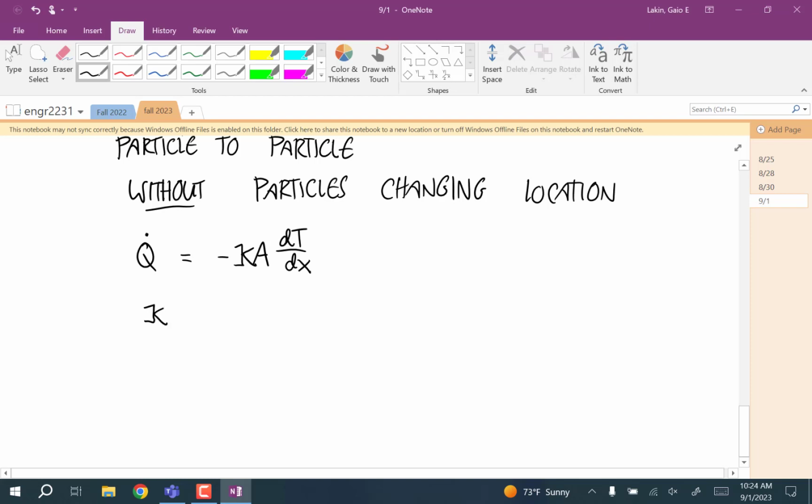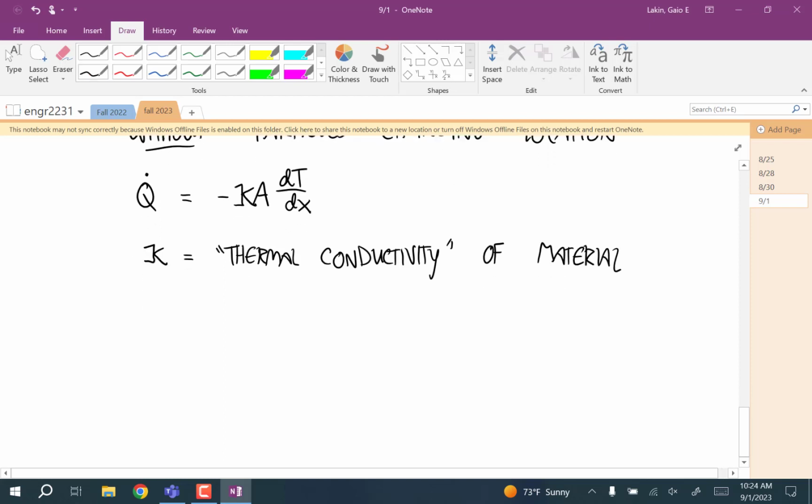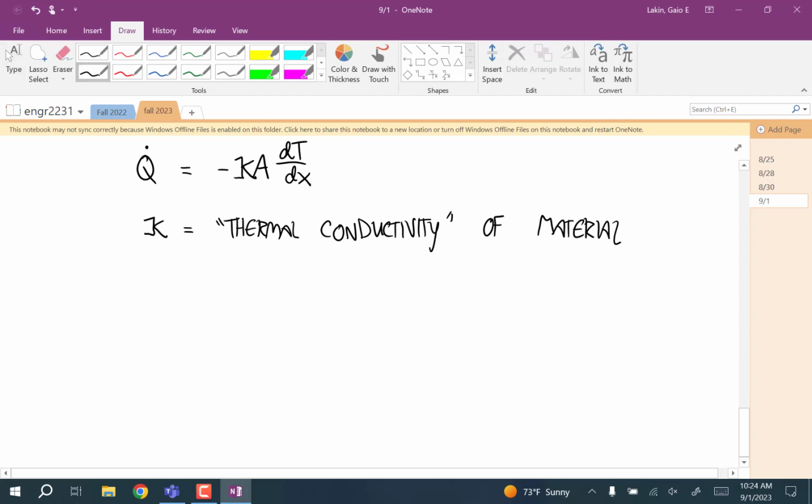Kappa is called the thermal conductivity of the material, something you look up for the material. A is the cross-sectional area perpendicular to the energy flow. I'll draw a picture.